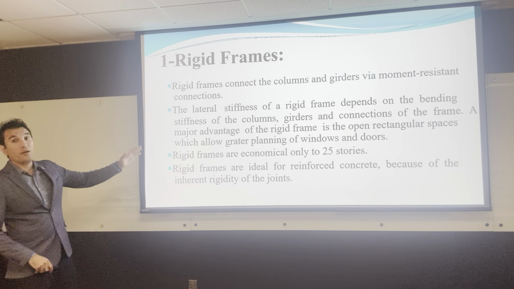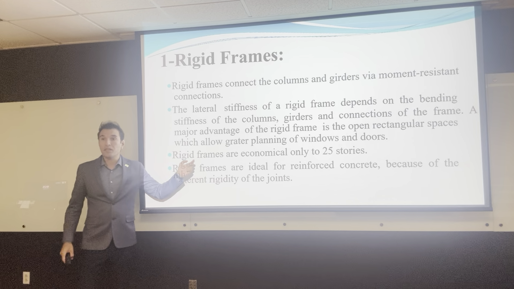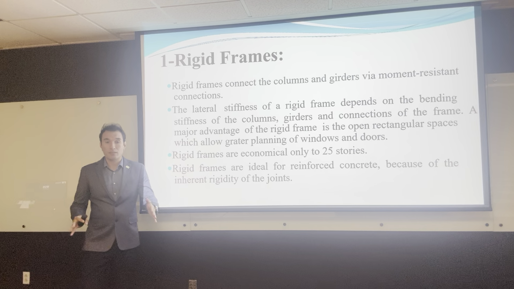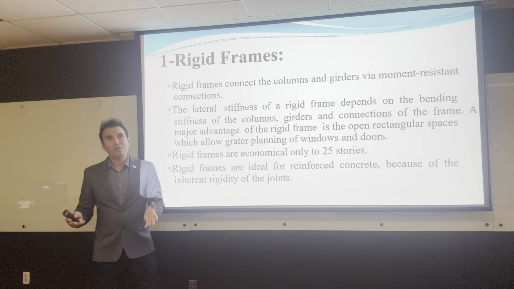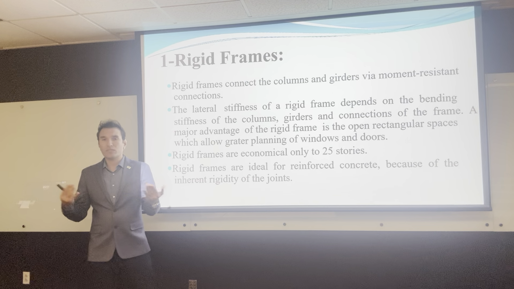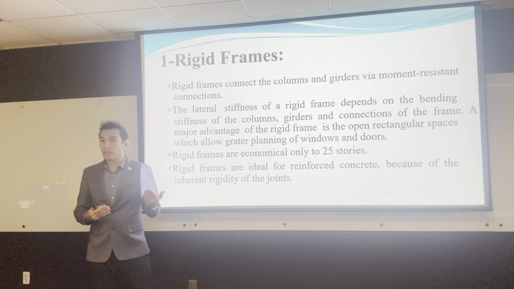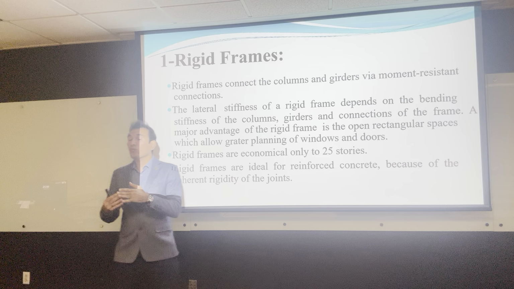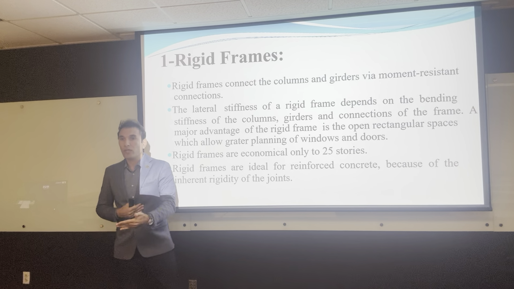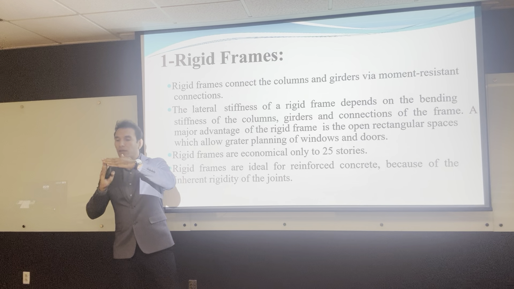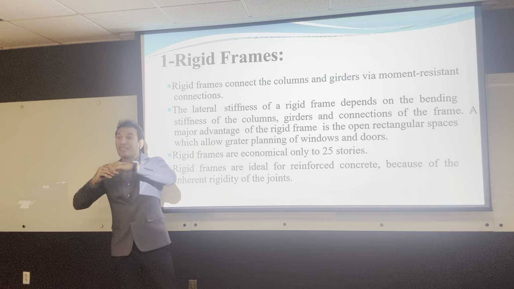So let's talk about the different systems that we have here. The first system to resist the lateral loads is the rigid frames. You may ask, do you want to tell me the columns with the beams can resist lateral loads? Yes, definitely they can, but they will be more resistant to lateral load if you design the column-beam connection in a way that it can resist moment.